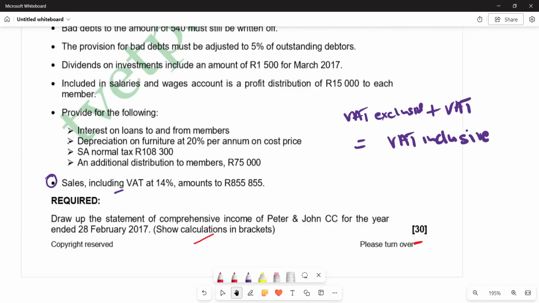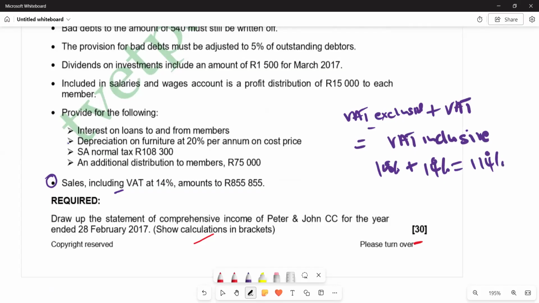So in this case, our VAT exclusive is always 100%. Depending on the question, your VAT in this case is 14%. And then the VAT inclusive becomes 114%.